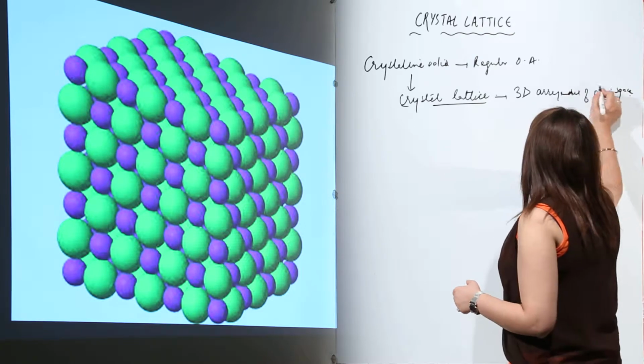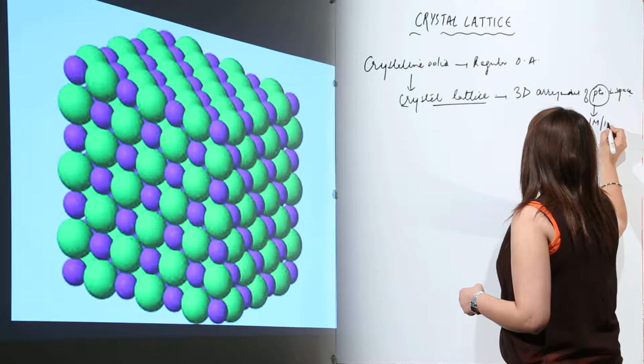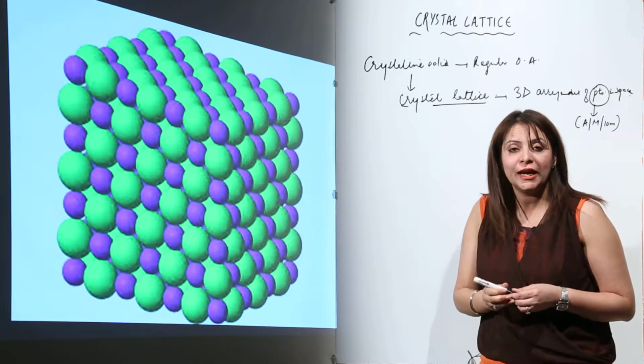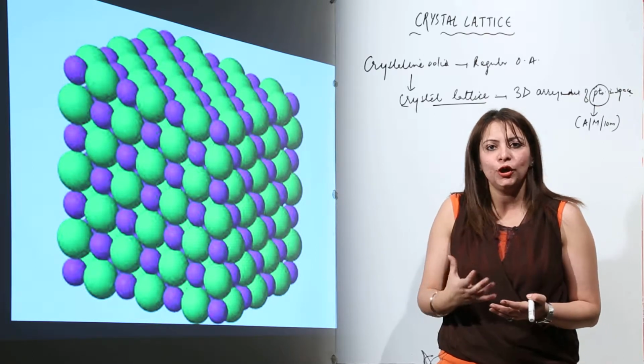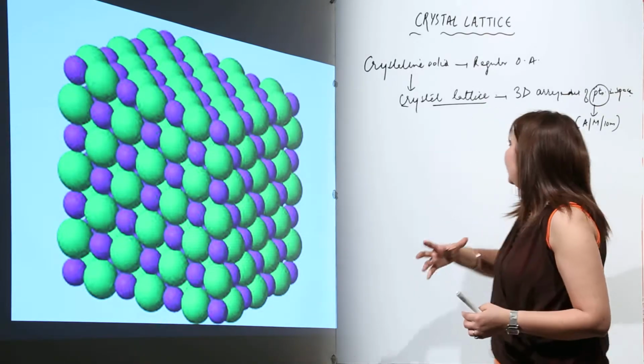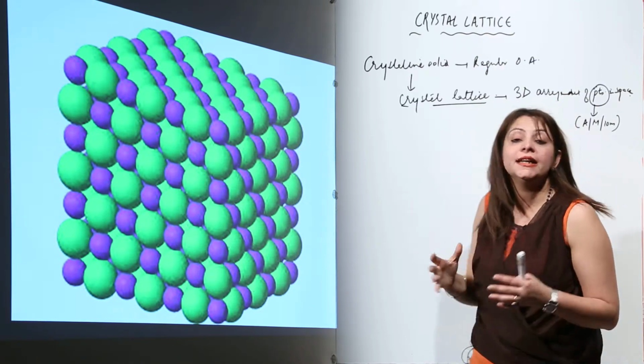Here we take the point as the constituent particles, that is atoms, molecules or ions. You already know that crystalline solids are formed of constituent particles, which can be atoms, molecules or ions, right.